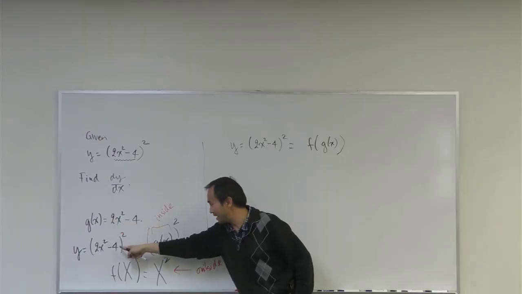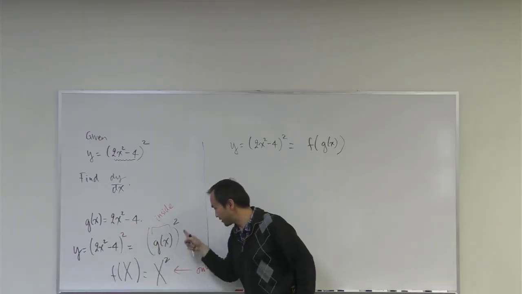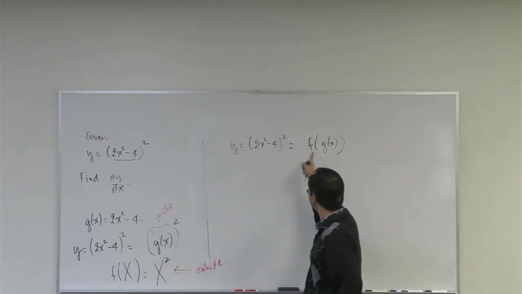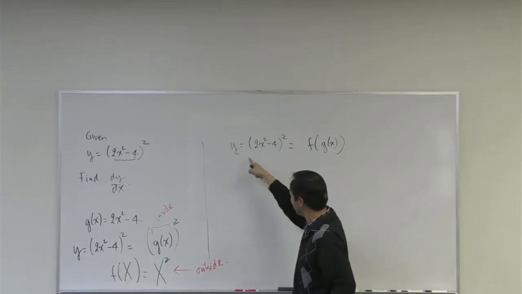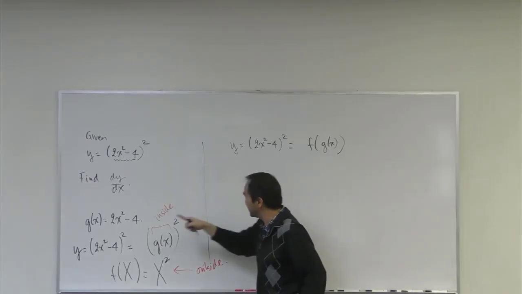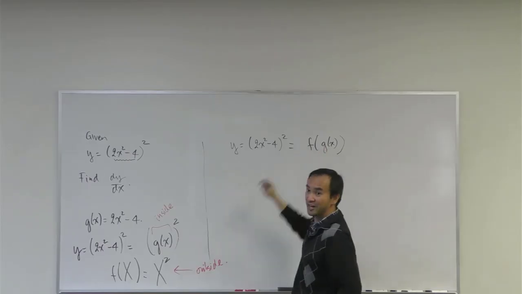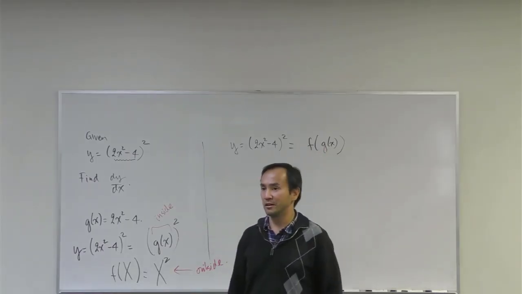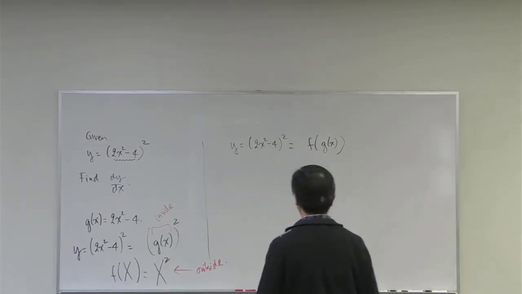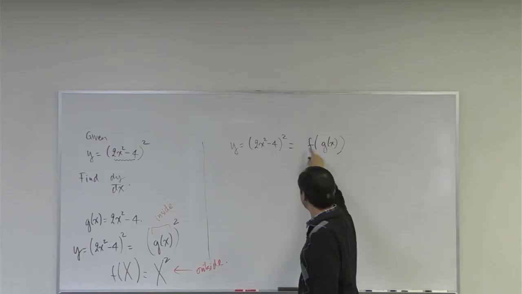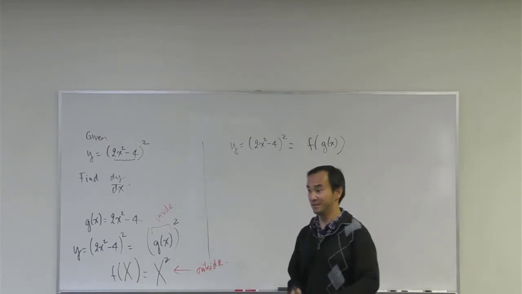And then the y, we recognize it as a squaring function, that f of capital X. So in the end, the whole function y that we had at the start is just the function g that we place inside of our function f. We substitute that in. So the idea, from pre-calculus 1, is that it's a composite of two functions, right? F composed of g. You guys good with me on that?